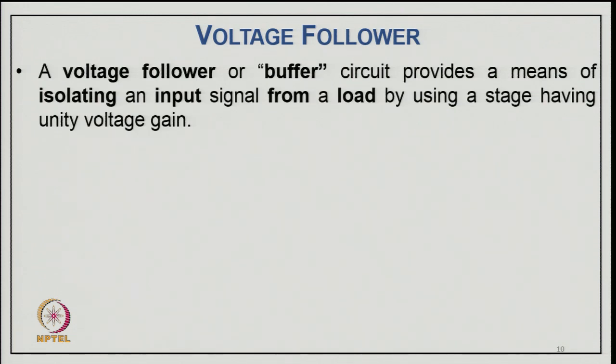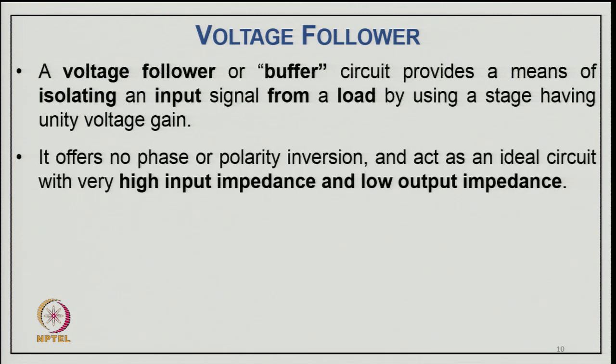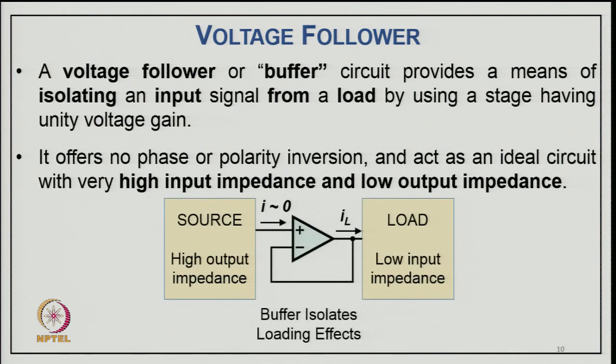A voltage follower or buffer circuit provides a means of isolating an input signal from a load by using a stage having unity gain. It offers no phase or polarity inversion and acts as an ideal circuit with very high input impedance and low output impedance. So it does not load your input signal, and the output is also not affected because practically you have 0 output impedance.